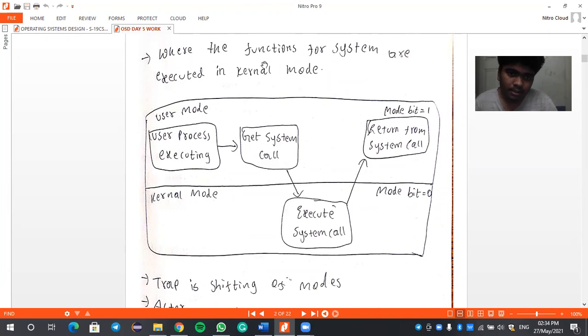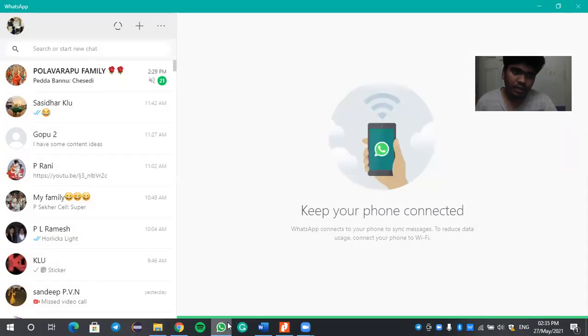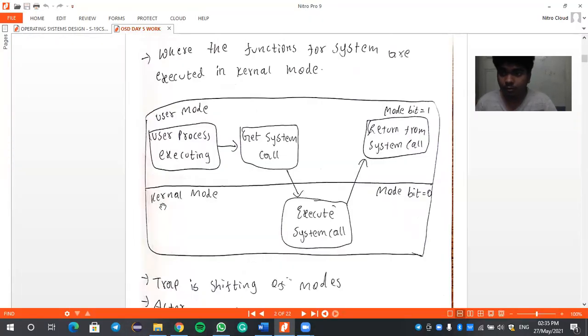Now, user process execution. Operating systems are of two types: command line interface and graphical user interface. The user uses both types. In a graphical user interface, if a person clicks on a software, we need to open another application, which is known as an executable file.